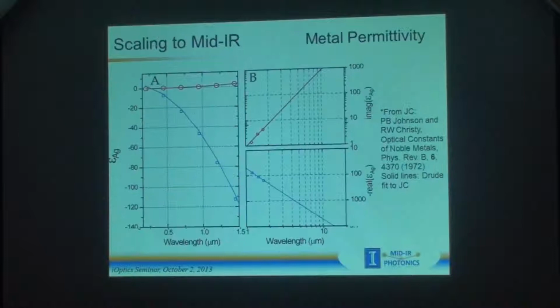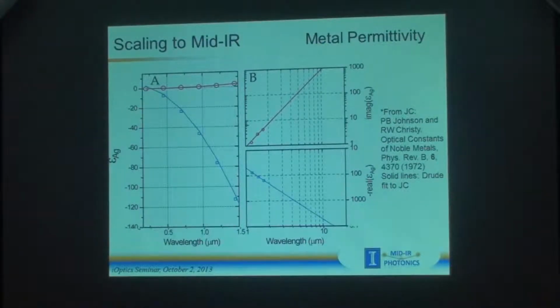And why is that? So why can't we go nanoscale with the mid-IR? The reason we can't go nanoscale is because we can scale the geometry of our structures, but we can't scale the permittivity of our metal. All right? So remember, I told you that localized surface plasmon resonance occurs when the epsilon of the metal is equal to -2 times the epsilon of our surrounding dielectric. Well, if we look over here at the permittivity of our metal, we can see that it goes to essentially negative thousands as we get to long wavelengths.